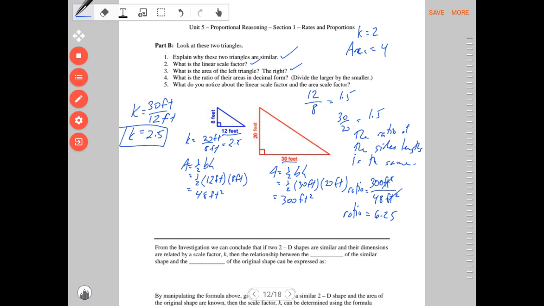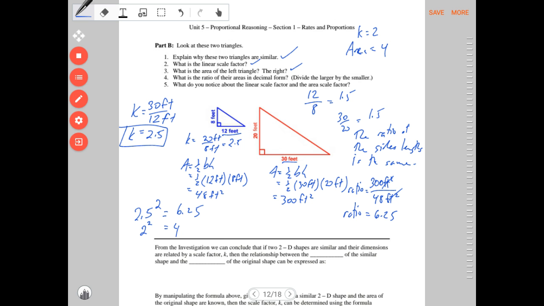Now, I guess the idea here is if you take 2.5 and you square it, that is 6.25. Huh, interesting. If we took the scale factor before, like in part A, the scale factor was 2. And if we square 2, we get 4. So the idea here is the area scale factor is just the linear scale factor squared.